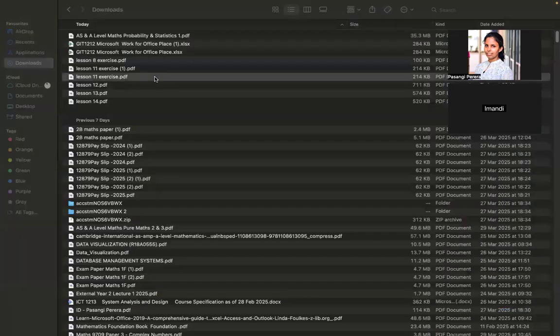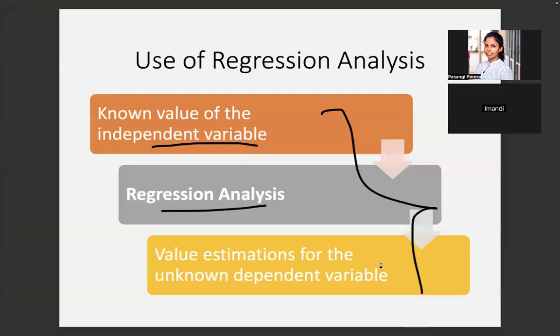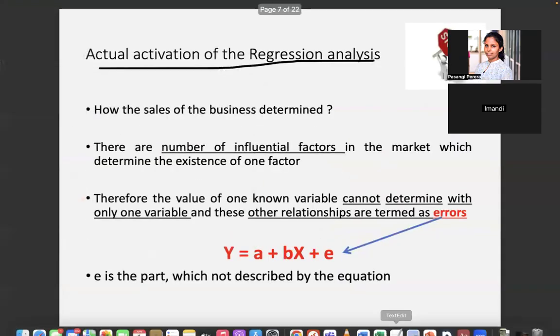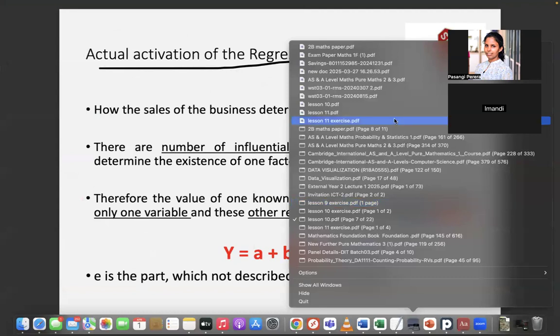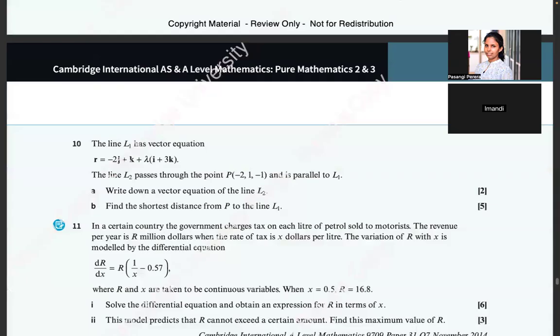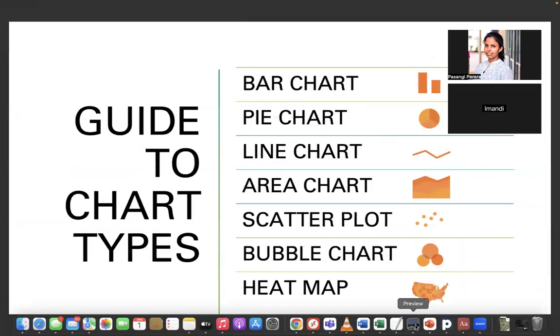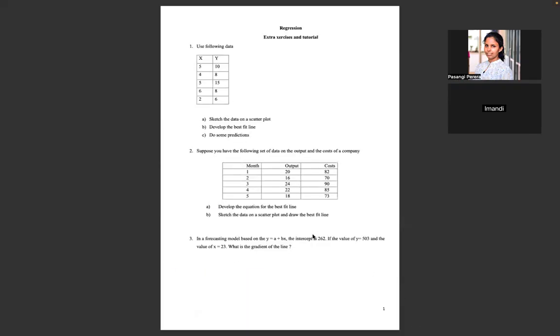Lesson 11 exercise PDF. We see the first question. We have to do the last one. Last question. Is this the questions we did?